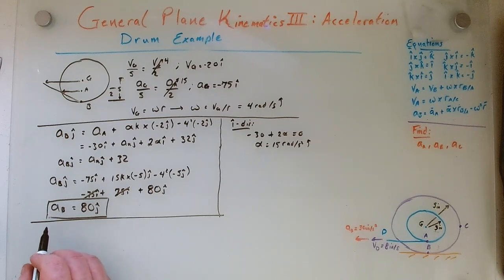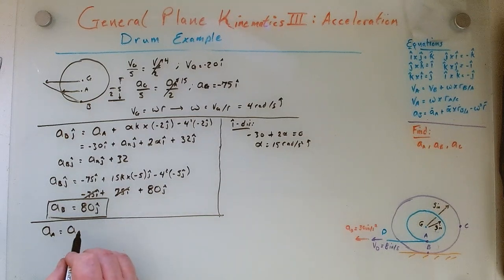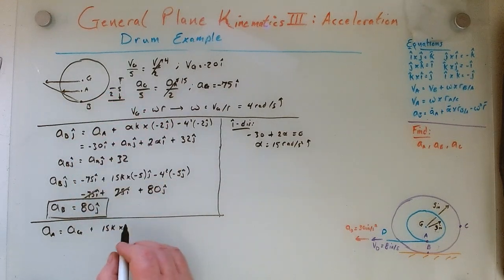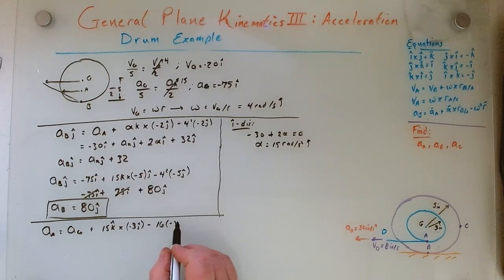Let's say a sub A is equal to, this worked pretty well, let's try this again, a sub g, then plus alpha, so this is 15k crossed with, instead of it being negative 5, it's negative 3j, and then minus 16 times negative 3j.